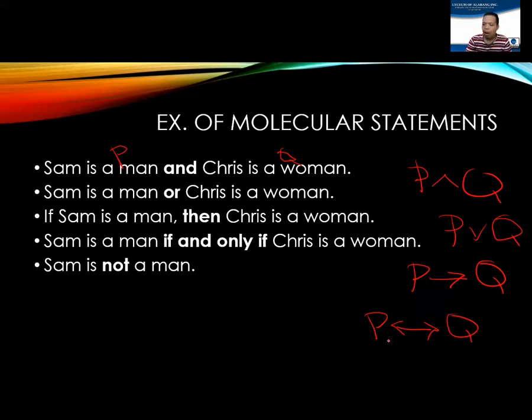For the last example, Sam is not a man. When we convert this into a well-formed formula, this is not P. So this is the well-formed formula for this particular molecular statement.